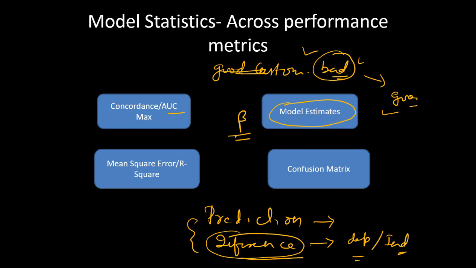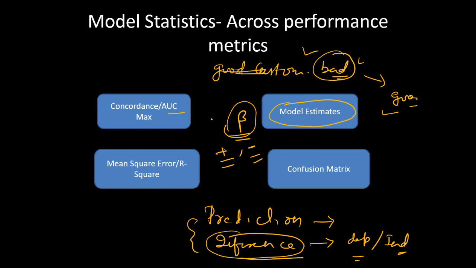Now we expect that these beta values are consistent across time and sample, and not very sensitive to changes in the data, because data is likely to change in future, and if your beta values are not robust enough, then they might change, right? So a positive relationship can turn out to be a negative relationship in future. So that needs to be taken care of.